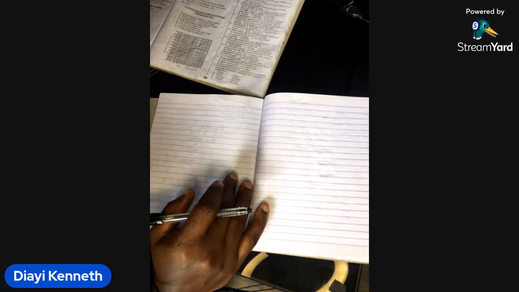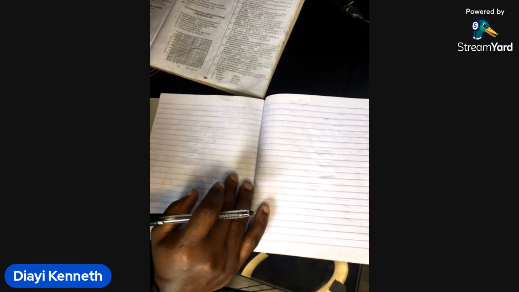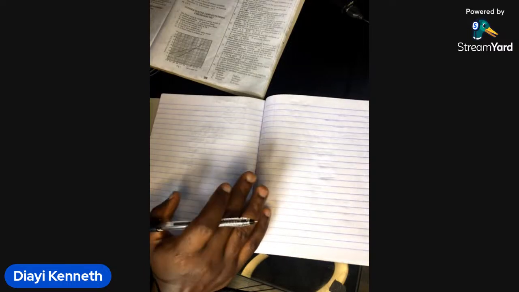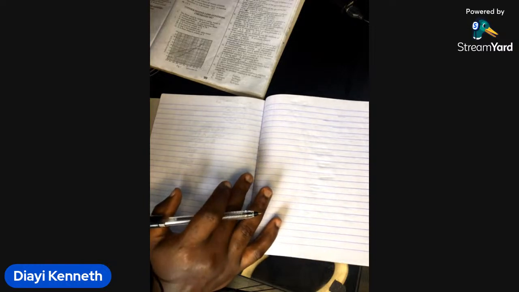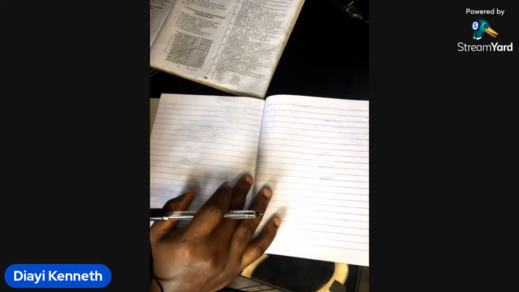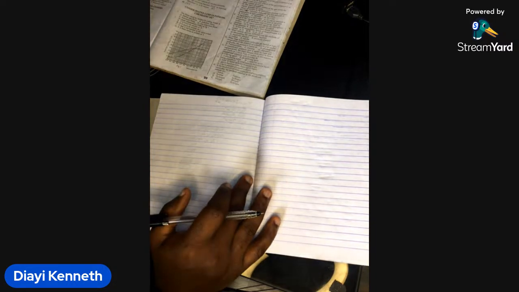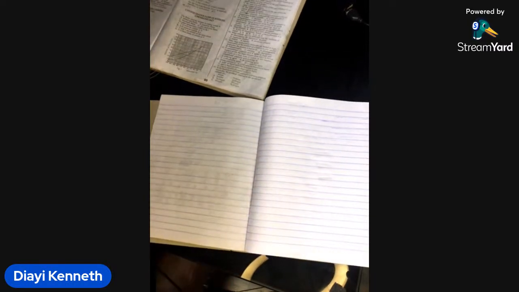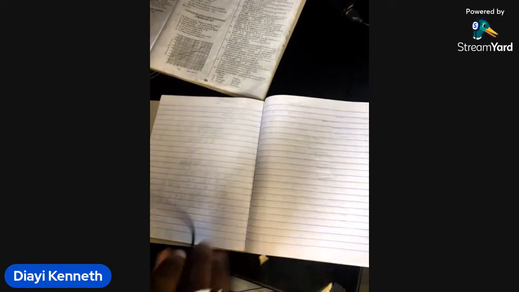13. Smoke consists of A. Solid particles dispersed in liquid. B. Solid or liquid particles dispersed in gas.